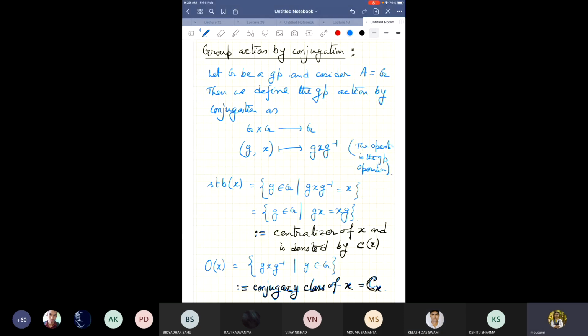In terms of group action, this is nothing but the stabilizer and orbit, right? But whenever we are considering this particular group action, which is by conjugation, this stabilizer is known as the centralizer and the orbit is known as the conjugacy class. This is only for this particular group action, not for any other.